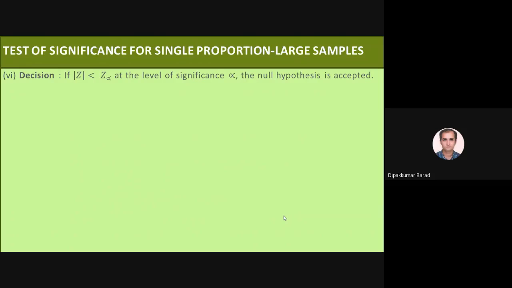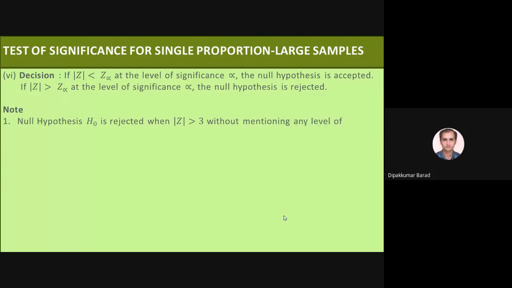If mod z is greater than z alpha at the level of significance alpha, then the null hypothesis is rejected. Note that the null hypothesis H0 is rejected whenever mod z is greater than 3, without mentioning the level of significance. If you get mod z greater than 3, then the null hypothesis is always rejected.